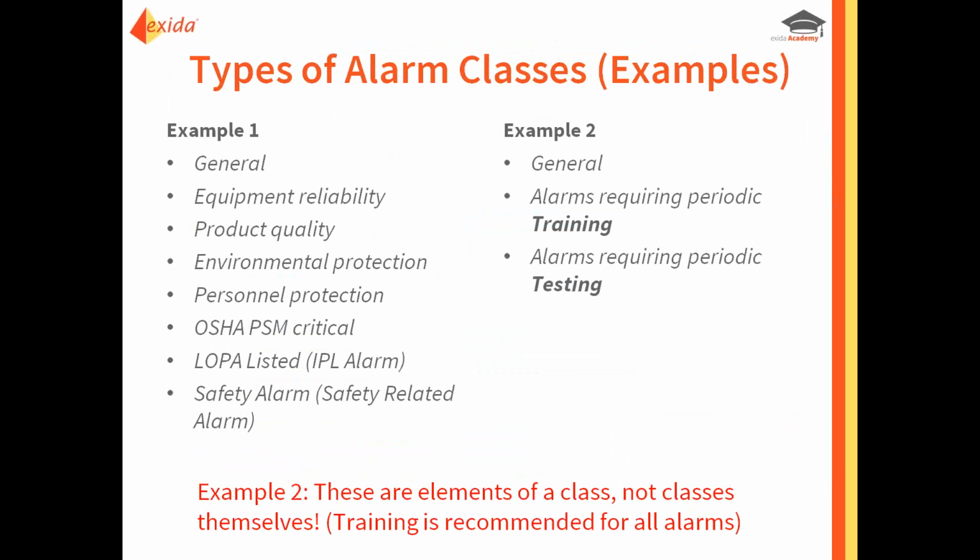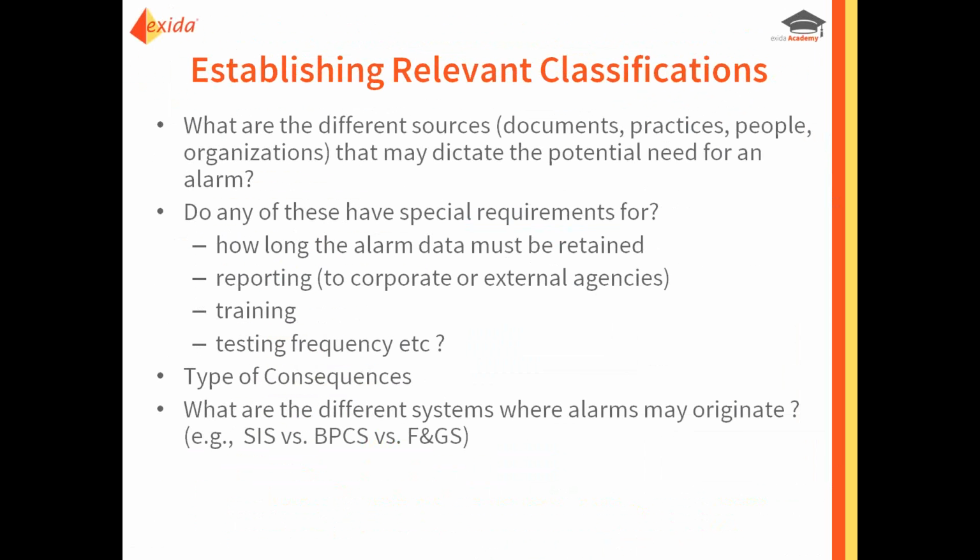In fact, example 2, creating a class for alarms that require training, is really not what class is all about, since training is actually a characteristic of a class. So creating classes based on whether alarms require testing or training, while acceptable according to the standard, is probably not the best way to use classification.